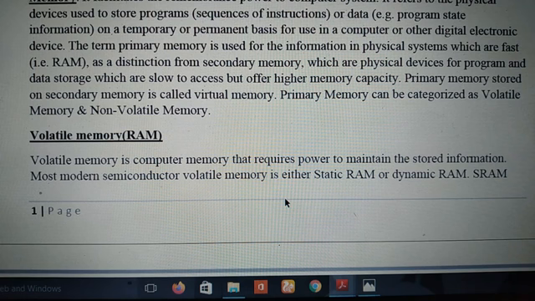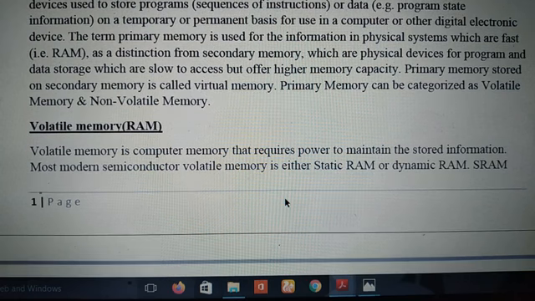Another example is ROM, read only memory. Read only memory is a non-volatile memory. It is used for reading and fetching data.